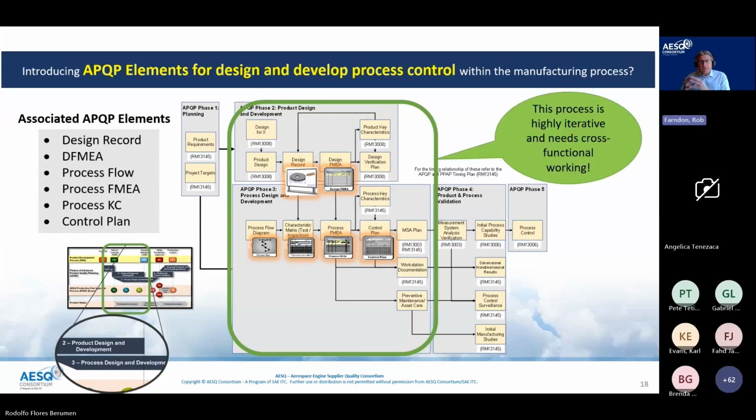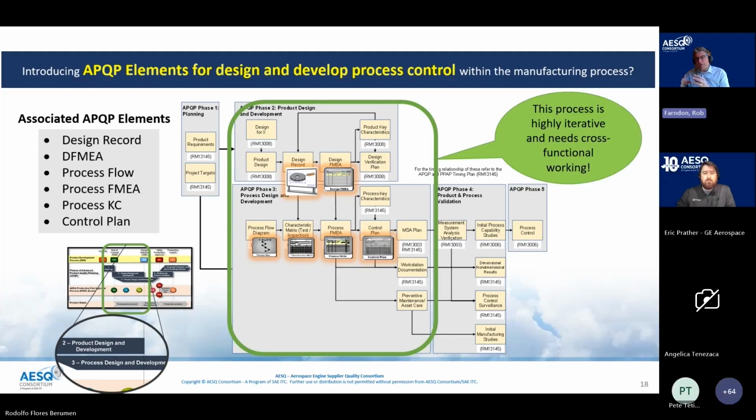We've got the design record, the DFMEA, the process flow, and the process FMEA that follows on from it, and then process KCs and control planning. And these will form an onward path, a flight path through the entire APQP process that gets us to the point of understanding our control plan.